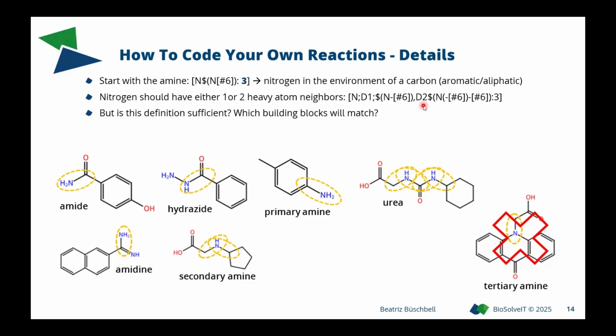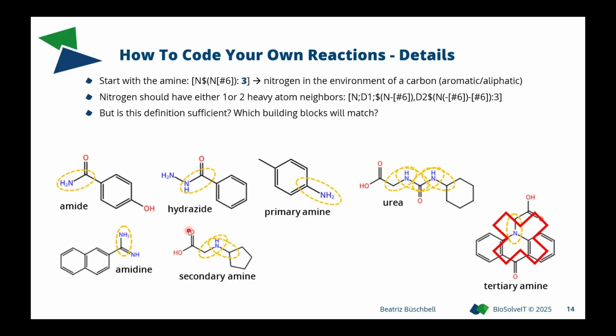And then in the second heavy atom definition, we say, okay, then it can be 2 carbons. Okay, we check again, is this definition sufficient? What building blocks will match? And we see here that we already ruled out this tertiary amine, but we still have the urea or the hydrazine in our definition, so that's not enough.